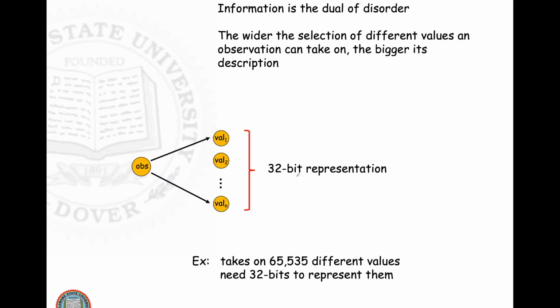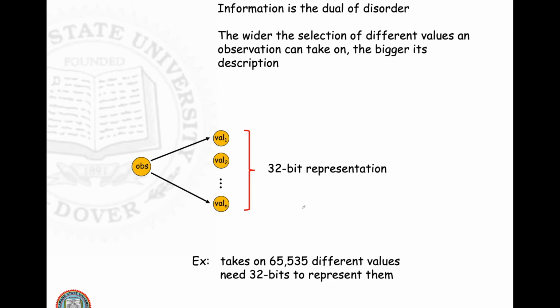So for example, if you have 65,000 values, you're going to need 32 bits to represent it if you can take on a lot of those values, because you need at least 16 bits to represent 65535. So if you have over 65535 values, well, in 16 bits, you can represent 65,535. But if you have more than that, if n is like, say, 68,000, you're going to need more bits to represent that many values.